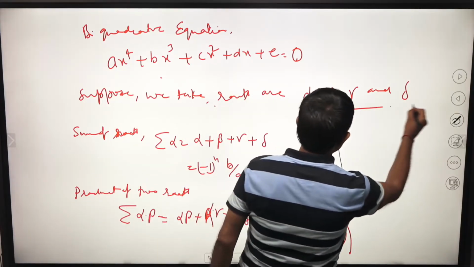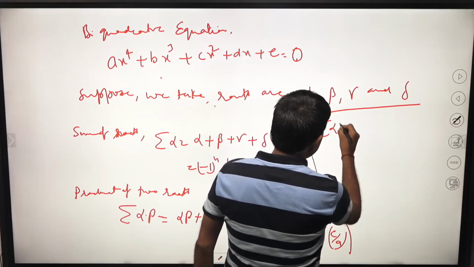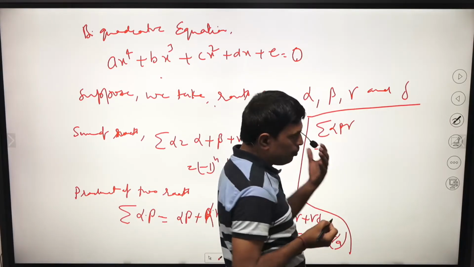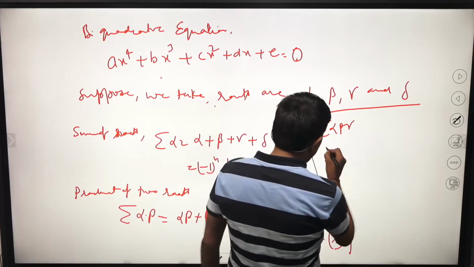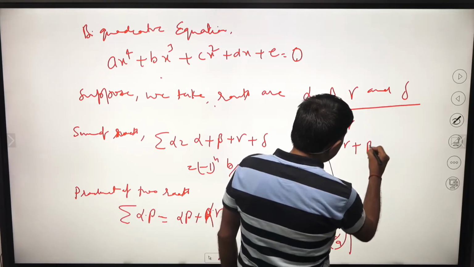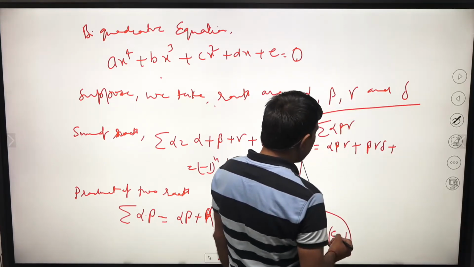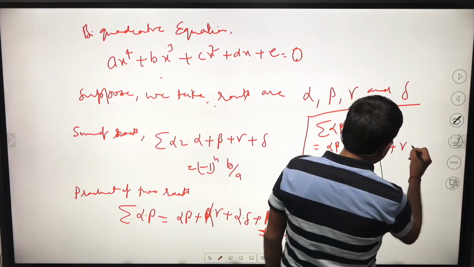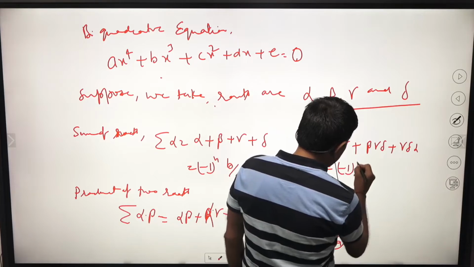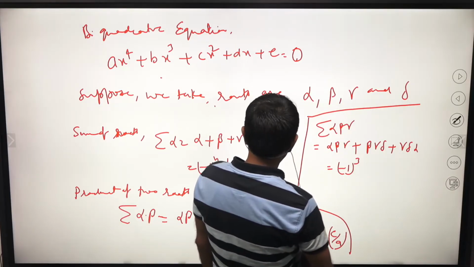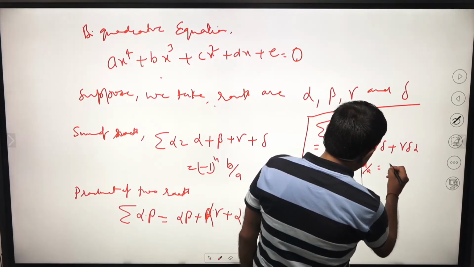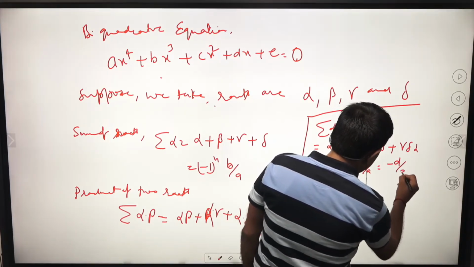Similarly, sigma alpha into beta into gamma, the product of three roots. Here we have 4 roots, so we collect alpha beta gamma plus beta gamma delta plus gamma delta alpha plus delta alpha beta. That is nothing but minus 1 raised to the power 3 into d by a, that means minus d by a.